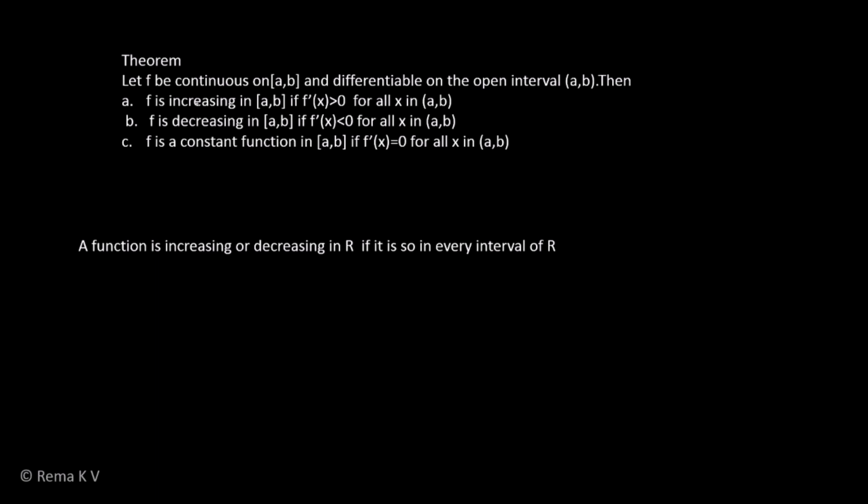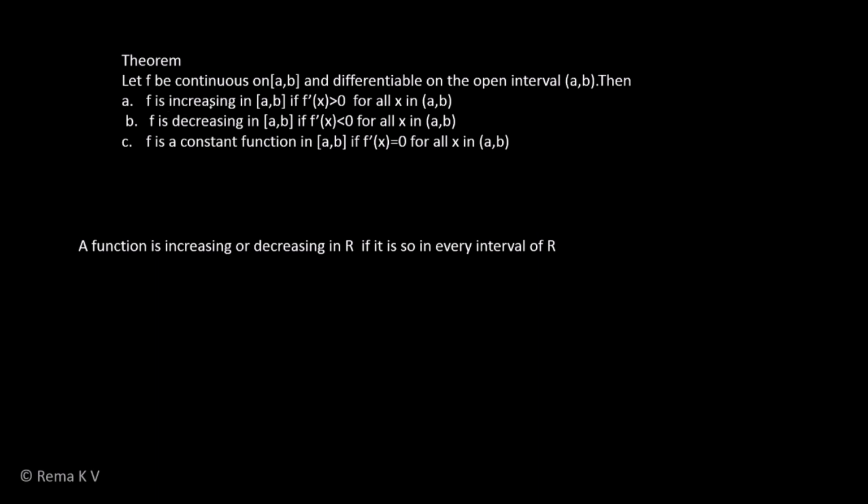Now this is the first derivative test for finding increasing and decreasing functions. Theorem: let f be continuous on the closed interval [a, b] and differentiable on the open interval (a, b).